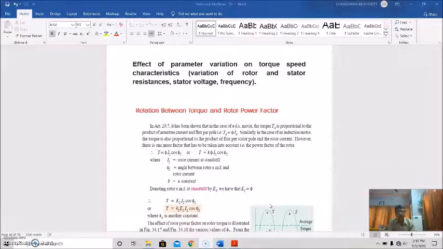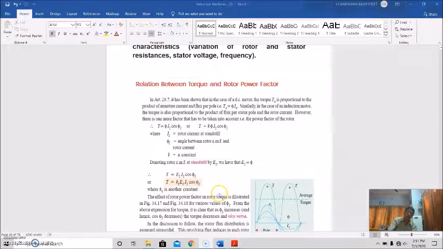If we denote the rotor induced EMF at standstill condition as E2, we can see that E2 is directly proportional to phi. So torque can be written as proportional to E2 I2 cos phi 2, or torque equal to K1 E2 I2 cos phi 2, where K1 is another proportionality constant.